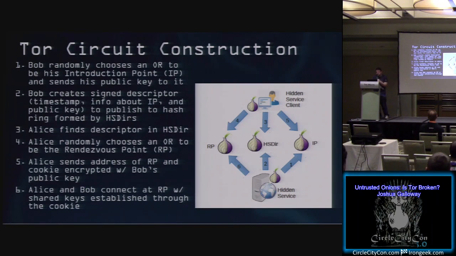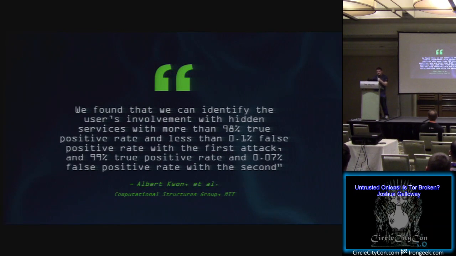I don't have to go through all this, but basically there are different kinds of circuits. The claim of this paper was that they could identify specific users' involvement with a hidden service, like a specific hidden service page, with a 98% true positive rate and less than 0.1% false positive rate.